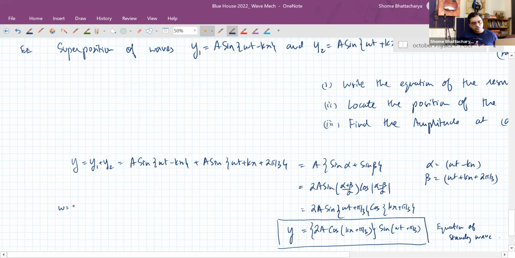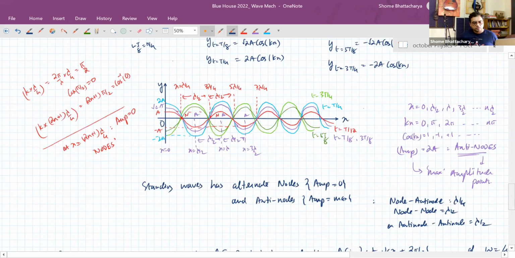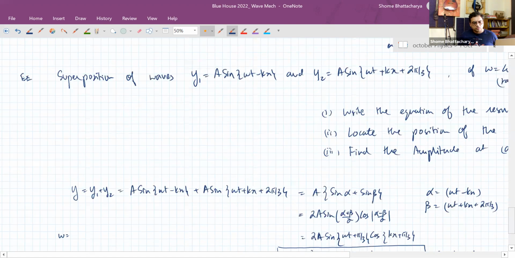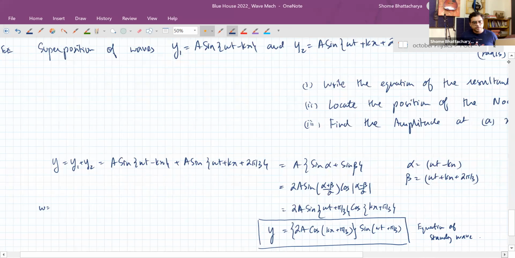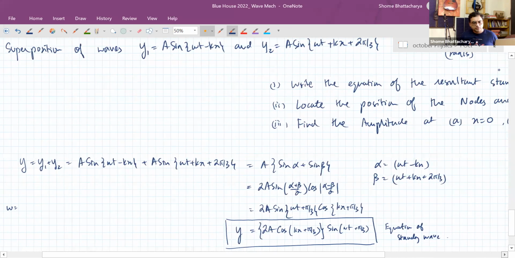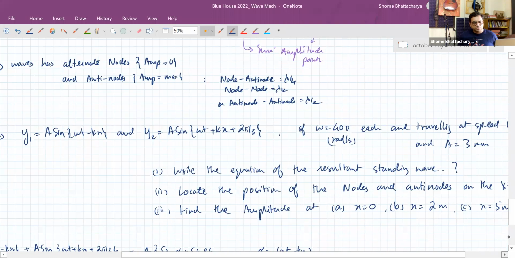Omega was given to us as, I think, 40 pi radians per second. The frequency is 20 hertz and the wave speed is 100 meters per second.